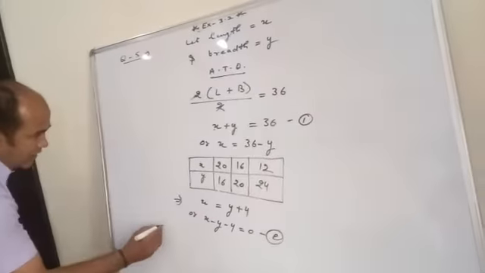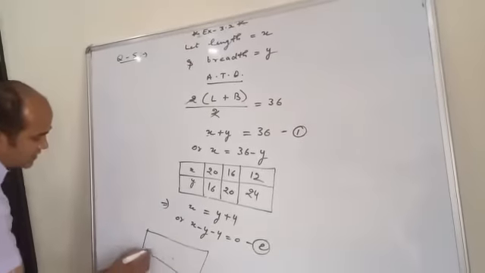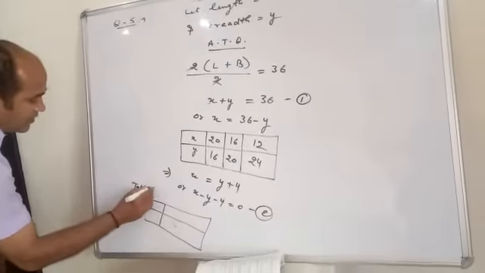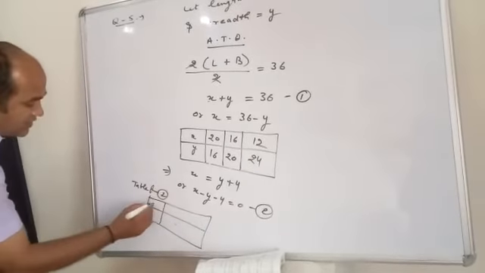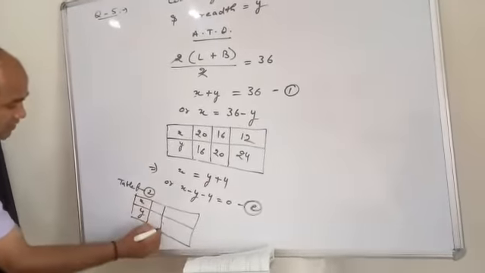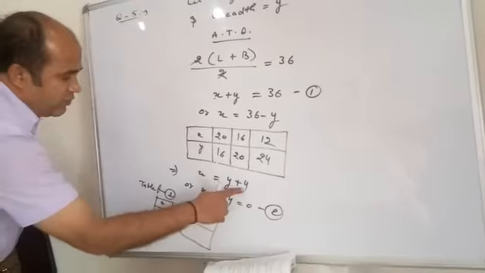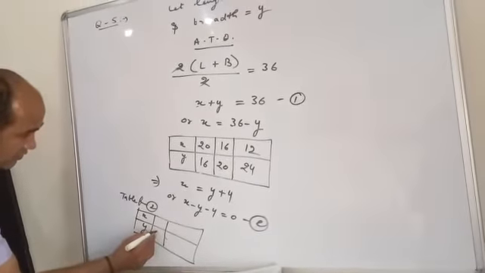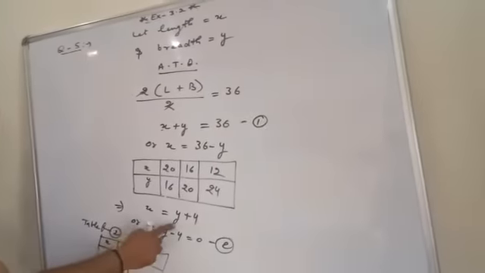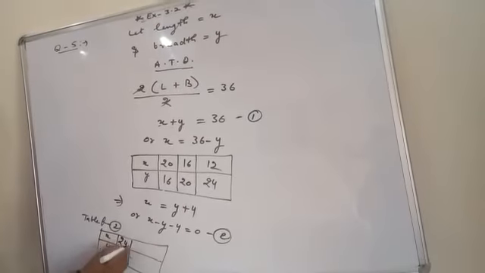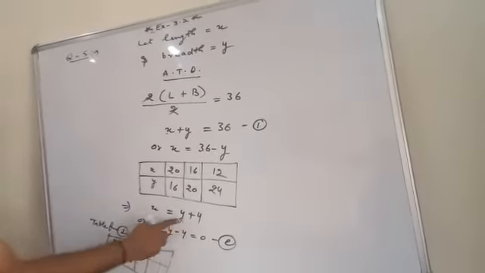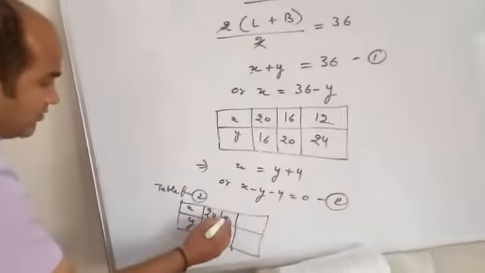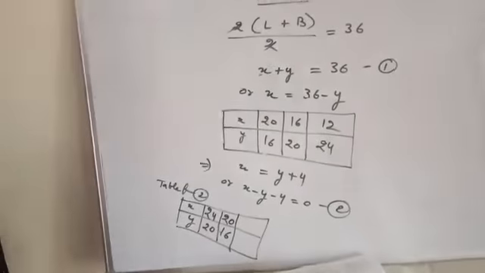So you will make a table for the second equation. Here if you put y value 20, you will get x 24. If you put y value 16, then you will get x 20.